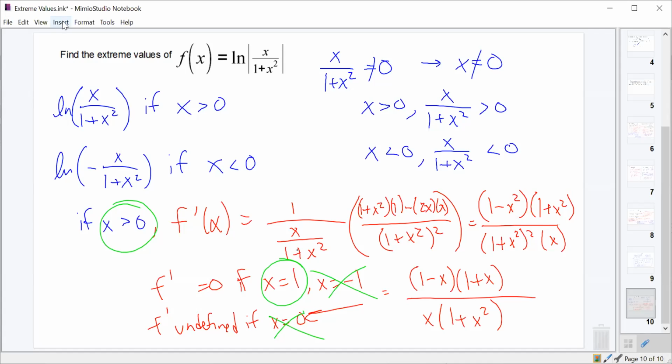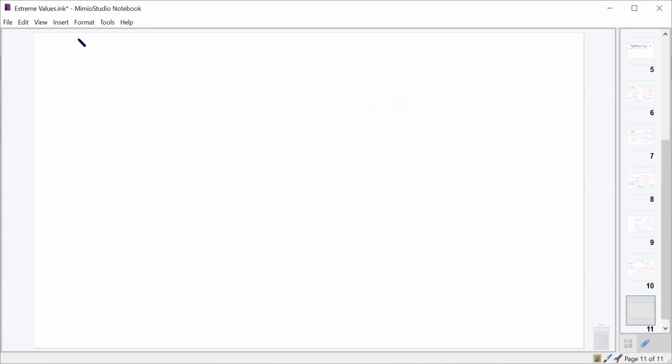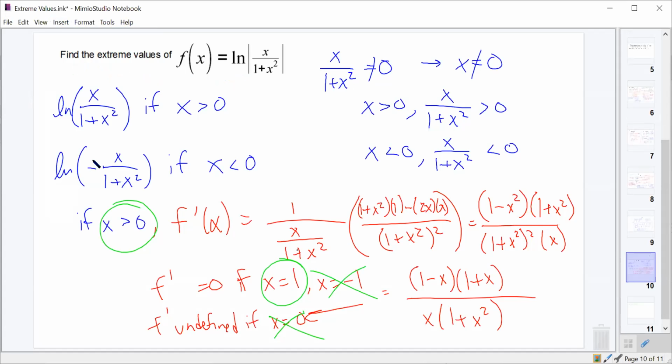Now let's see what happens if x is less than 0. If x is less than 0, f prime of x should be the derivative of the natural log of this negative, which, what's that going to affect? All it's going to do is put a negative down here.